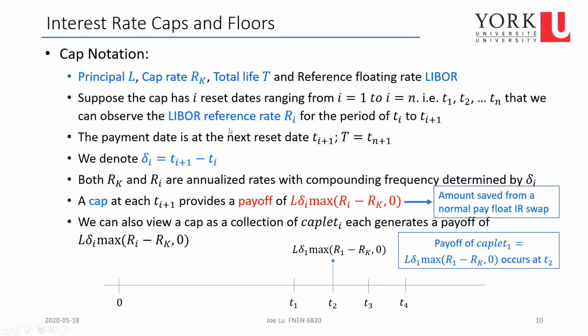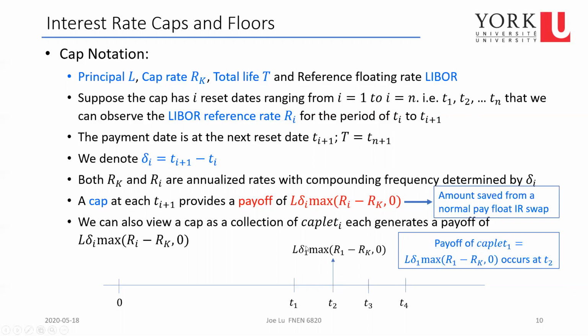Here we use LIBOR, but it can be any other floating rate. Now, we suppose that a cap has I reset dates. So a cap will have a whole bunch of reset dates. We can set a rate here, and the actual payment will be made here, so it is paid in arrears.